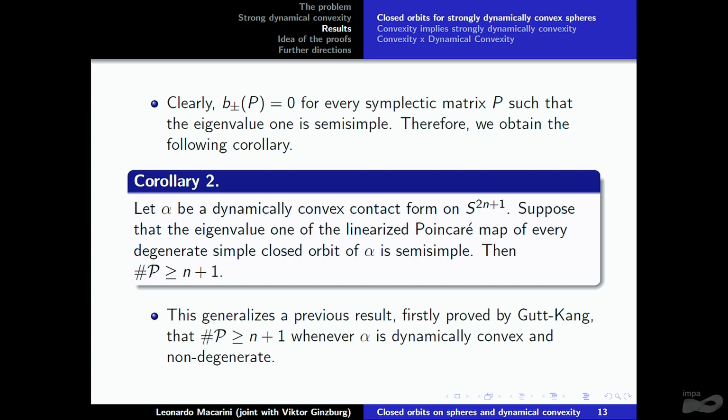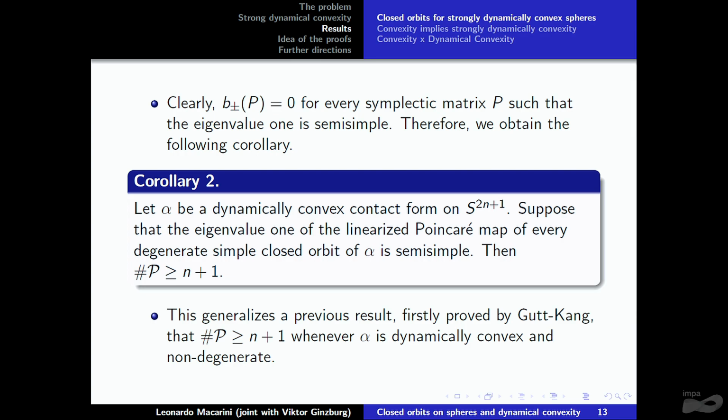Should the result be degenerate or non-degenerate? You mean the corollary? In the corollary, that's the point: it can be degenerate, but I need to assume that the eigenvalue 1 is semi-simple. This is weaker than non-degeneracy.